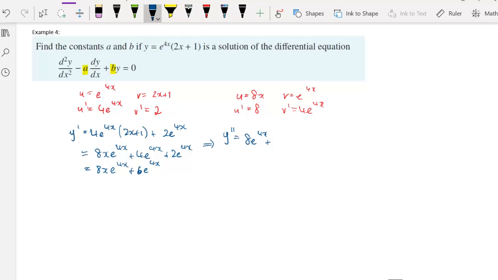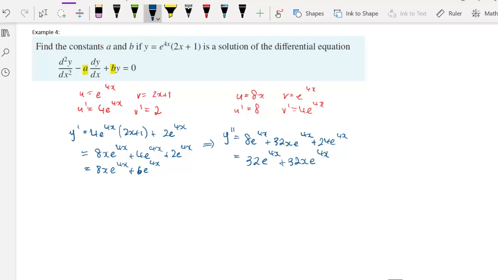Well, 8 times 4 is 32, so it's 32x e to the 4x. And we've also got the derivative of 6e to the 4x. So 4 by 6 is 24, e to the 4x. So it gives us 32e to the 4x plus 32x e to the 4x.